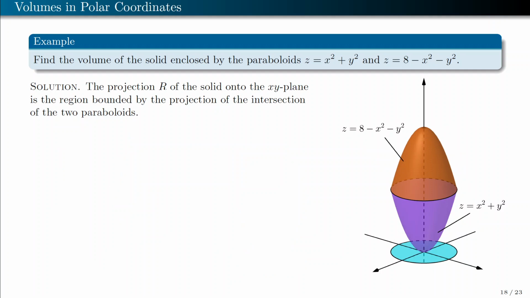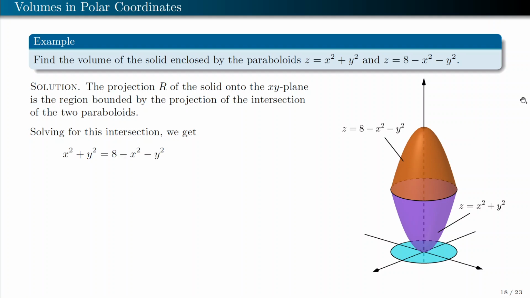Okay, so to start the solution, let's first find this region R on the xy plane. Take note, from the illustration this region looks like a circular region, but let's actually verify that. This curve looks like a circle and comes from the intersection of our two paraboloids, so we compute their intersection by equating their z's.